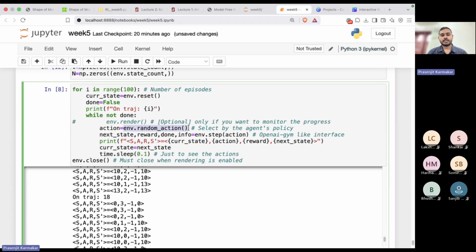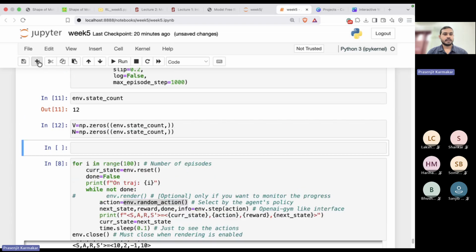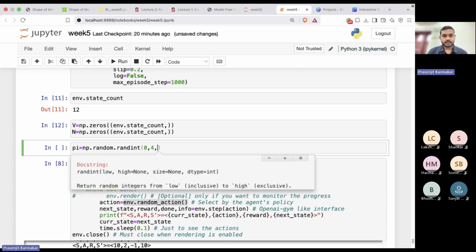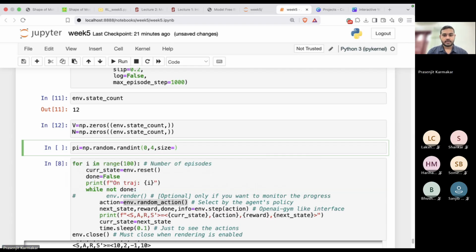Let's write a random policy, so let's have a policy pi to be np dot random dot randint of 0 to 4, with size equal to environment dot state count.